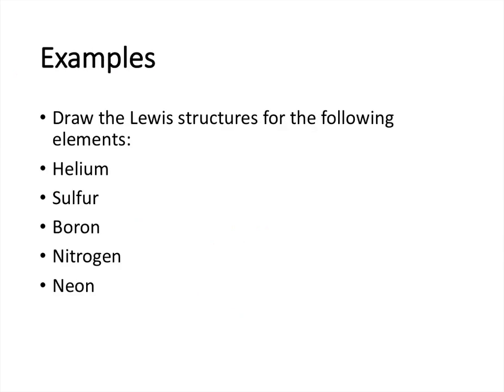So if you had to do the Lewis structures for these, for helium, you write down the symbol for helium, which is He. You look at its electron configuration, and it's only a 2, so that is the number of valence electrons it has. For sulfur, its symbol is S. You look at its total electron configuration is 2-8-6. The 6 is what we're going to work with. So 1, 2, 3, I'm going the proper order, 4, 5, 6.